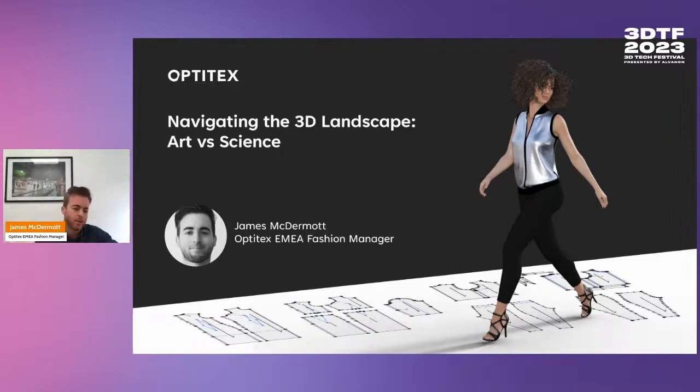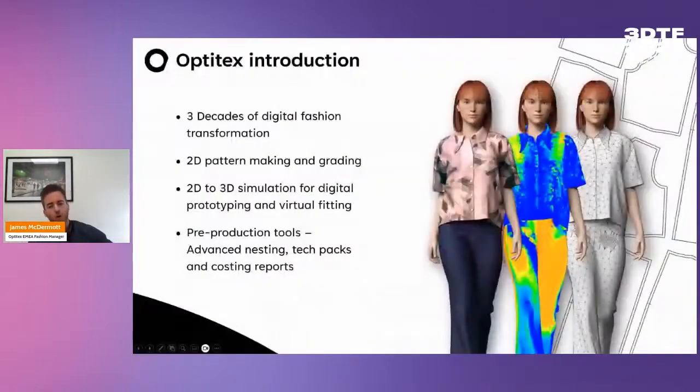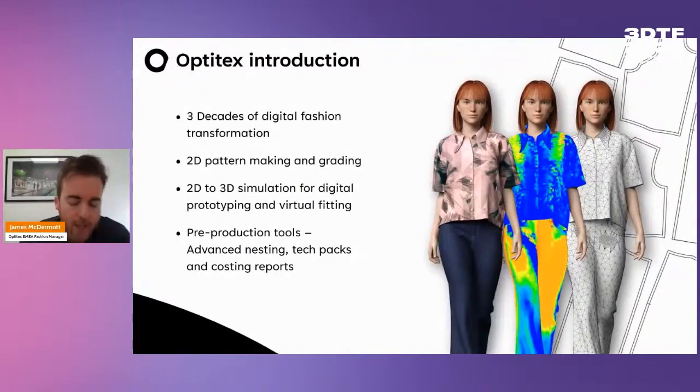So before we get into that, just some quick introductions. For those of you who don't know Optitex, for over 3 decades now, we have been supporting the fashion industry with their digital transformation journeys. We do this by providing a range of solutions, such as our iconic 2D pattern making and grading software, our 2D to 3D simulation for digital prototyping and virtual fitting, and of course, our pre-production tools, which ensure our customers are getting the highest possible efficiency from their materials.